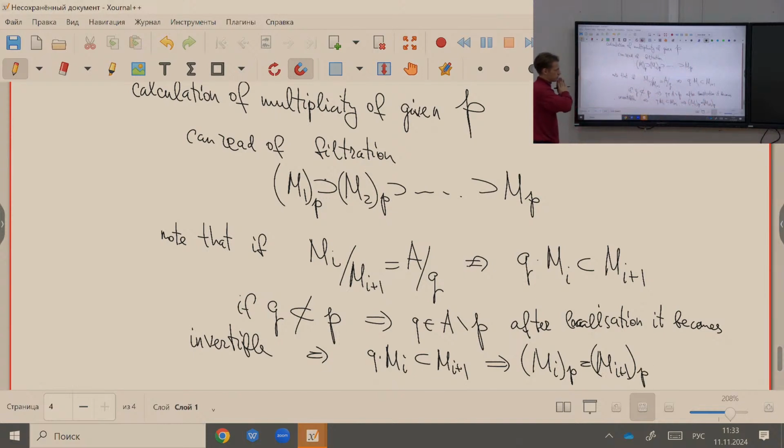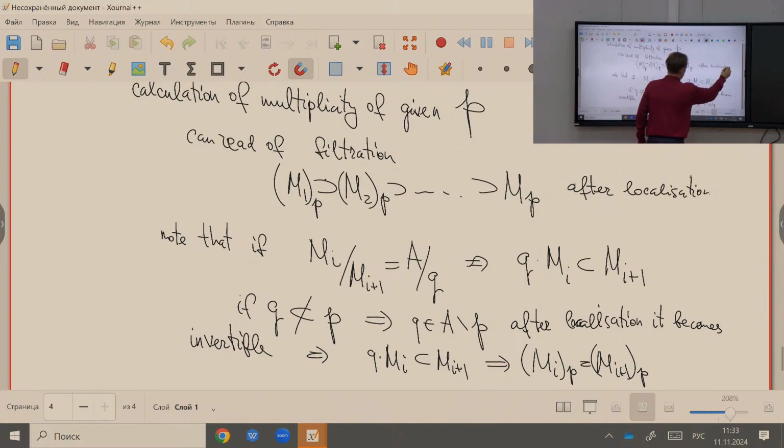So this means that you have the same filtration, and nothing happens with the pieces that come with localization by P. Similarly, you get rid of multiplicity via the given filtration, but after localization.